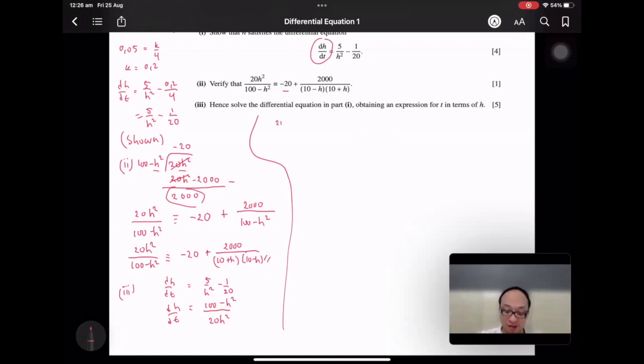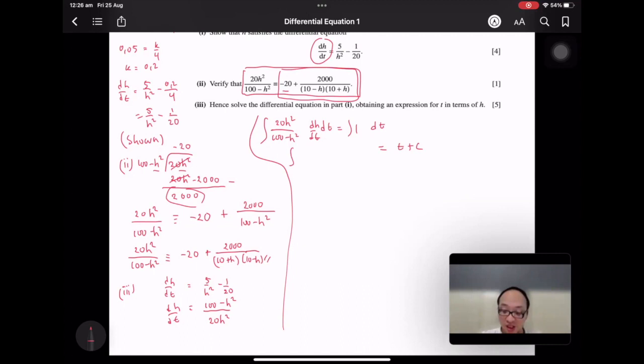So it becomes 20h squared over 100 minus h squared dh/dt equals 1. And then I can integrate both sides. On the right side, I will have t plus c, but on the left side, I have this equation, so I can change it into this.